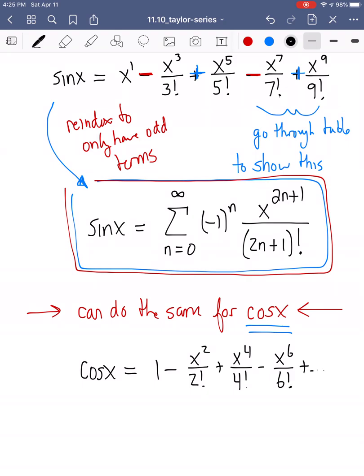And basically what you'll see is all of the cosine terms are x's to even powers. And we're able to rewrite this in a much more compact series notation, just like we did for sine. The only thing we need to do is, again, re-index our series so that we only capture the even terms for cosine.